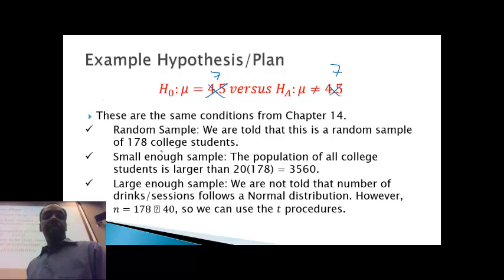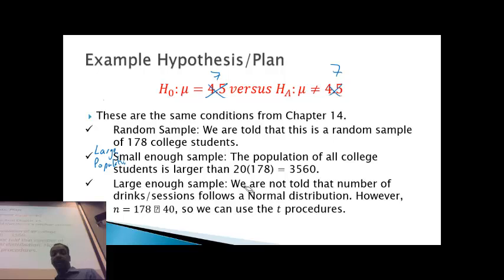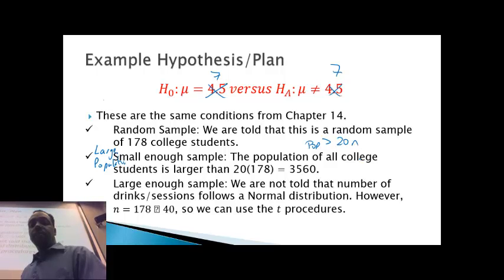Small enough sample or a large population: the population of all college students is larger than 20 times the sample size. That's fine. That's pretty clear.